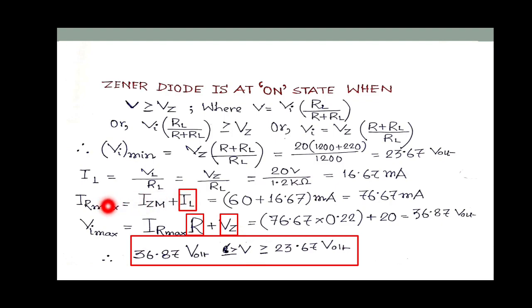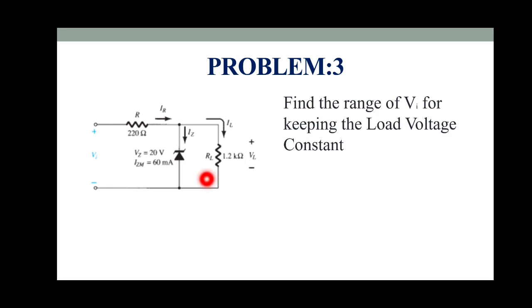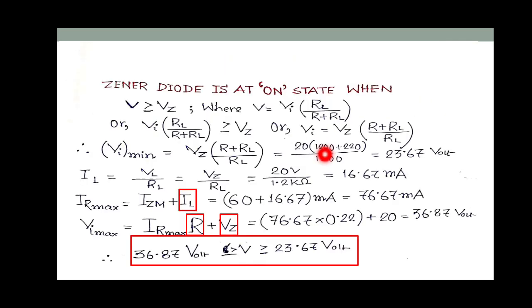So the maximum value of IR will be such that the value of IZ is maximum, because IL is constant. Applying KVL, Vi equals IR R plus Vz. Vz is constant, R is constant, so the Vi value will be maximum when the IR value is maximum. So Vi max is nothing but IR max R plus Vz, equals 36.87 volt. Thus the maximum value of input voltage is derived.